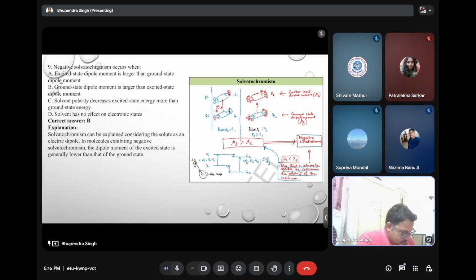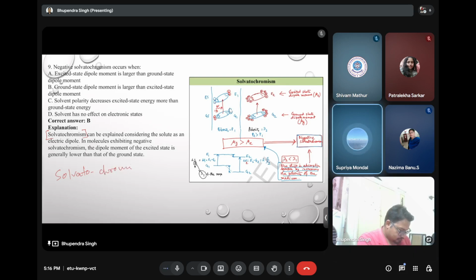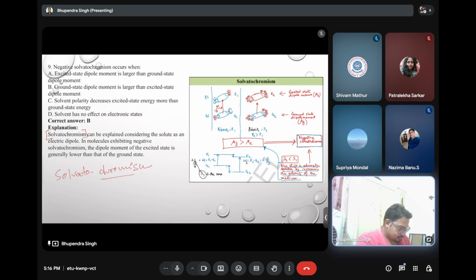Just this sentence, this word. Polarity, yes. Polarity of what? Polarity of the solvent.